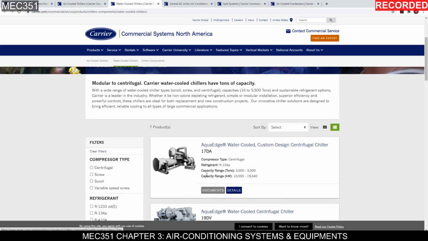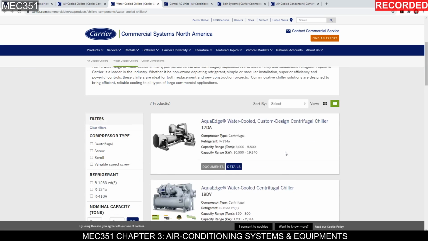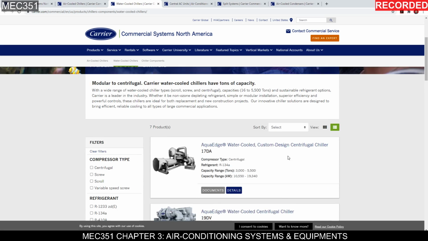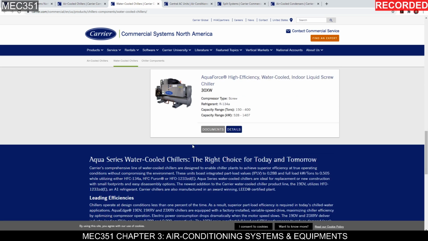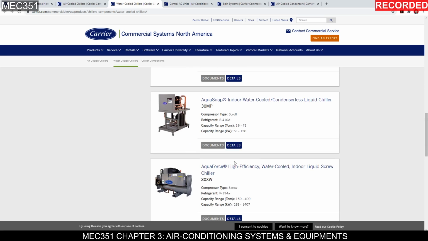After you have a cooling load value, you have to choose what type of aircon system that you are going to use, and finally you have to know which model of a certain brand you want to choose.